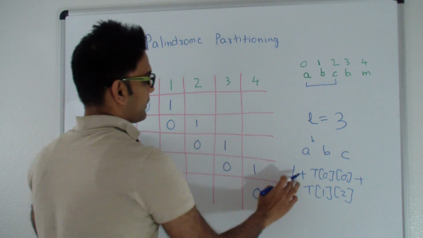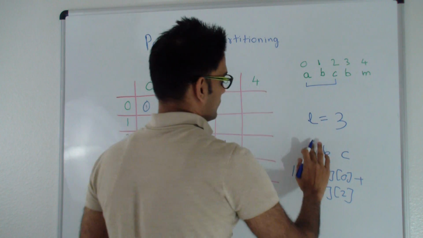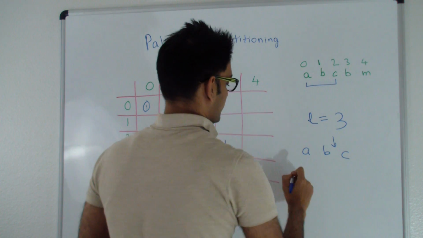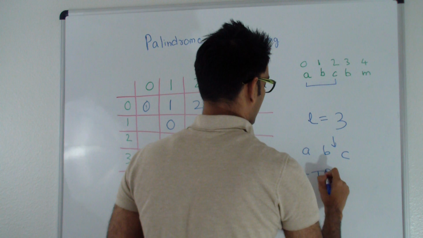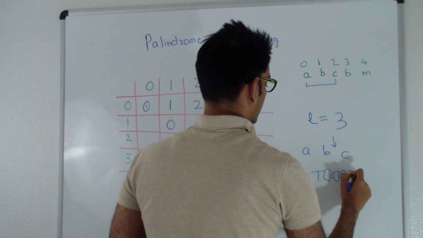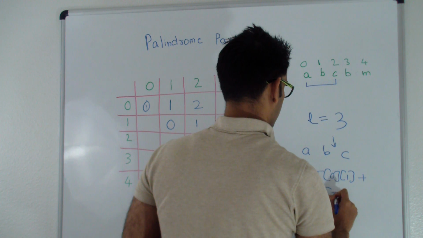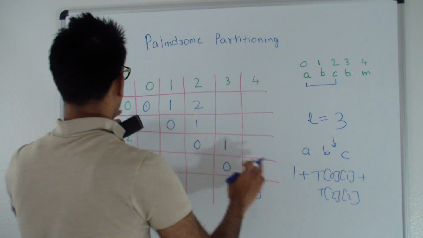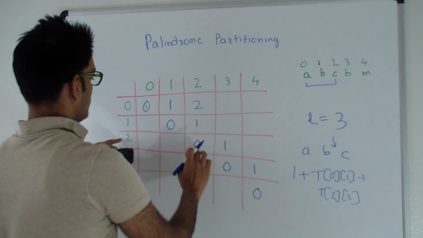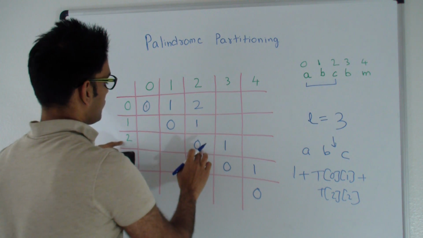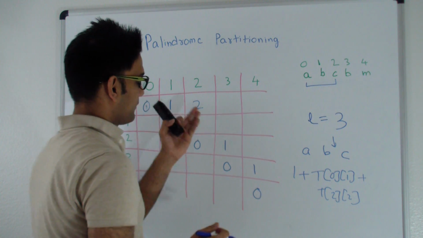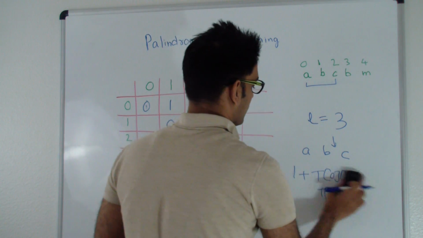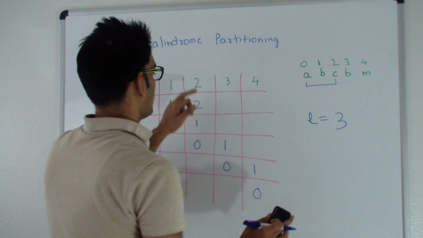T 1, 2 is 1, so this is 2 at max. If I try to split here, this will be 1 for this split, and then T of 0, 1 plus T of 2, 2. So here also it will take 2 splits because T of 0, 1 is 1 and T of 2, 2 is 0. So we can't do better with either of them. The best I can do is 2. The minimum it takes is 2 to make the entire thing a palindrome. So T of 0, 2 is 2.